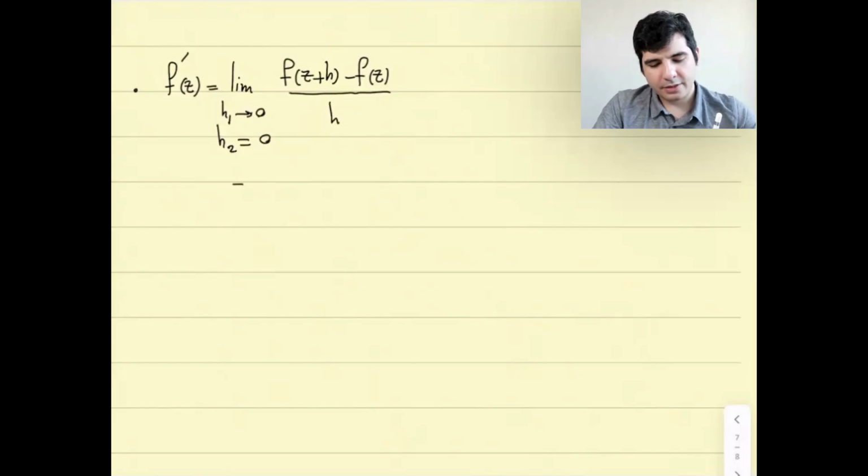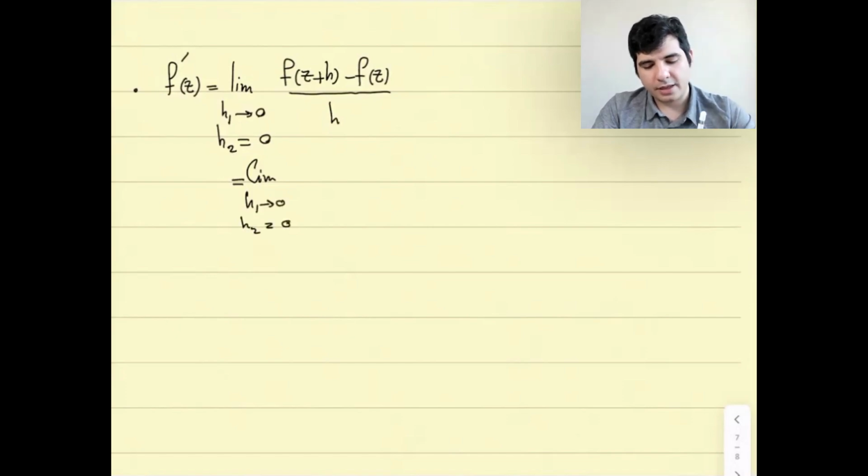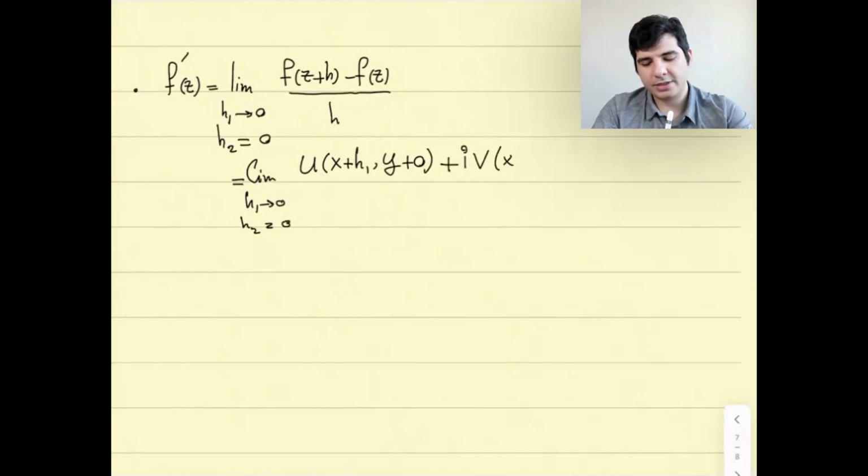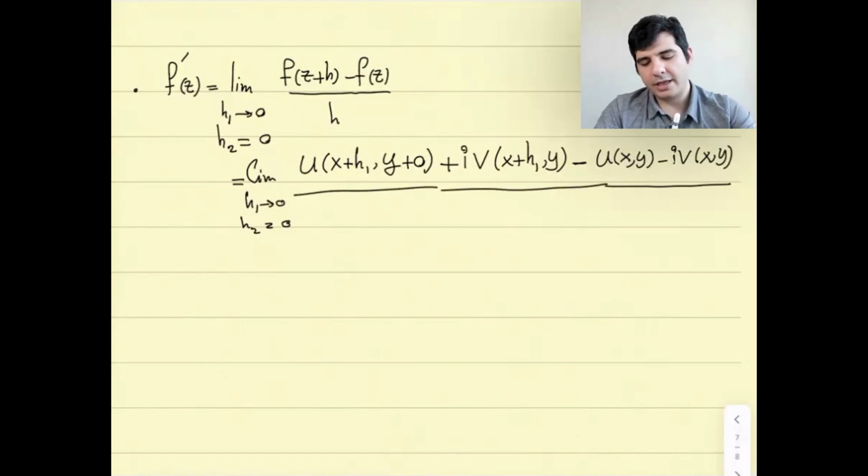So in this case, where our f is u plus iv, h1 goes to 0, h2 is equal to 0, so it's u of x plus h1, y plus h2, but h2 is 0, plus iv at z plus h, which is x plus h1 and y plus 0, minus f of z, which is minus u of x and y, minus i v of x and y, right? And we're dividing that by h, which is h1 plus i h2, which is h1, right?